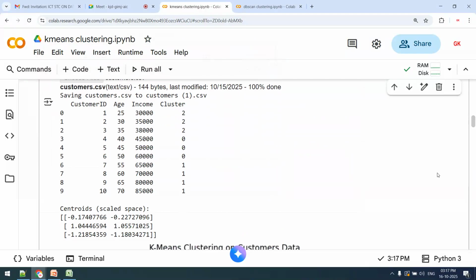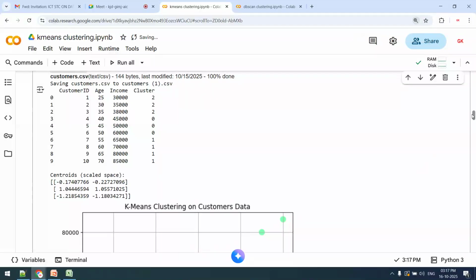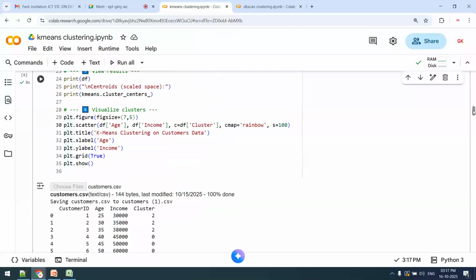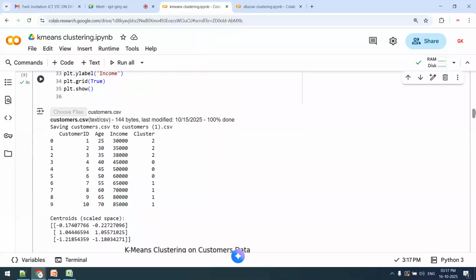You can see this is the cluster formation, and it is a rainbow-like chart. So this rainbow cmap we have specified; other color combinations you can mention. These three clusters we have created, and each point is under a particular label or cluster ID.